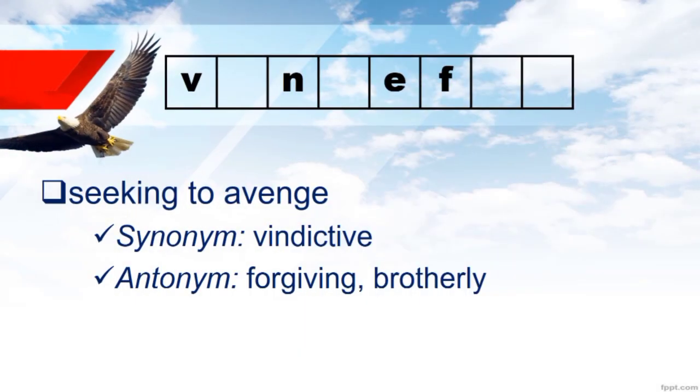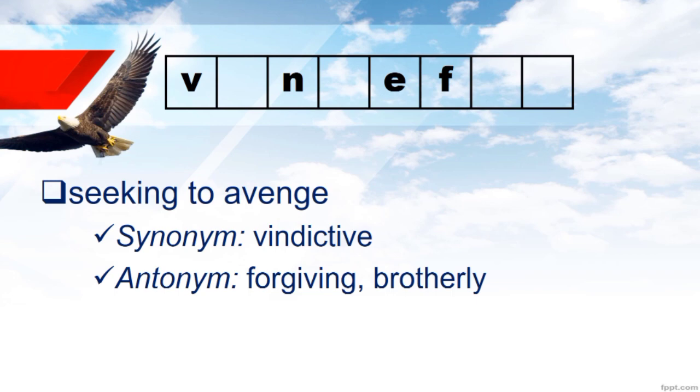Let's proceed to the last number for this activity. The definition says it's all about seeking to avenge. The synonym is vindictive, and the antonyms are forgiving and brotherly. What do you think are the missing letters?